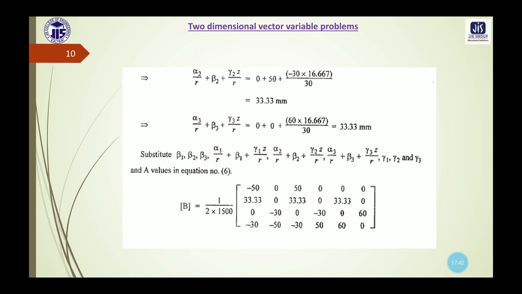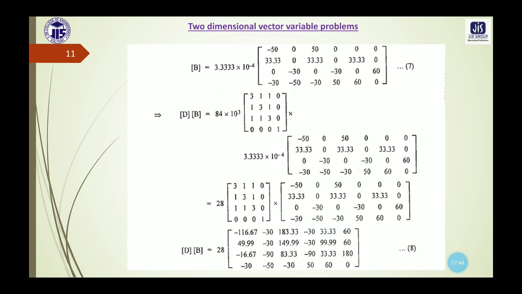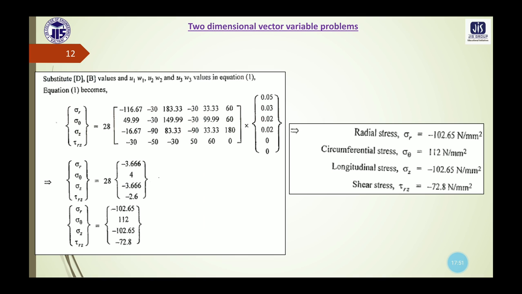And finally we have performed the matrix multiplication here, that is the multiplication of the D and B matrices, and that one we had to multiply with the column matrix of the nodal displacement, and from that finally we have got the values of the element stresses. These are the 4 different element stresses here, that is radial stress, circumferential stress, longitudinal stress and the shear stress. So this is the procedure to solve such numerical.